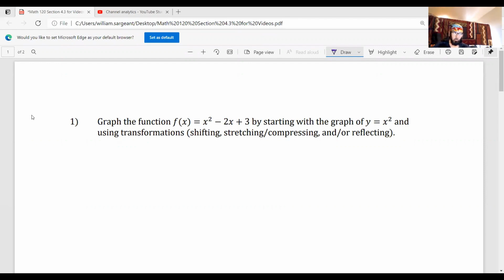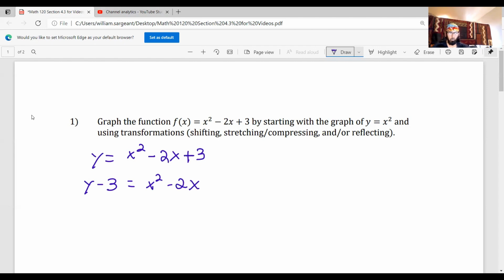And to do that, just to make things a little less cumbersome in writing, I'm going to replace f of x with y. I isolate the x terms. Notice that this is a function, so y is also a variable involved in this.